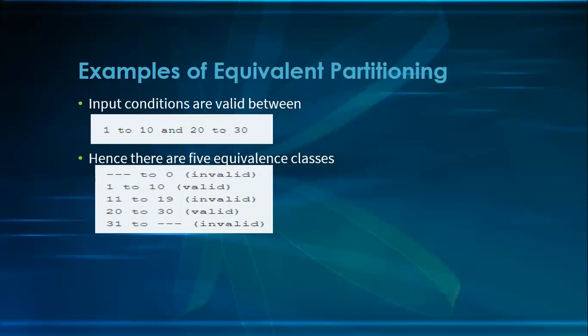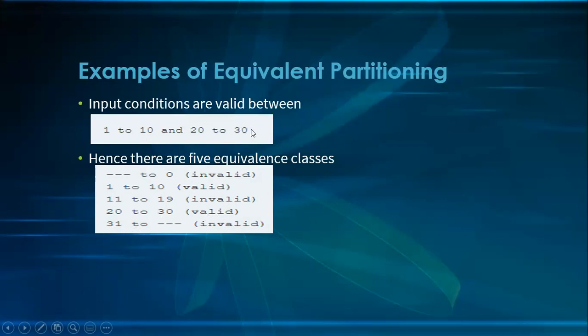The next condition, which is valid, is from 1 to 10. Anything outside this is not valid. 11 to 19 is out of it, so 11 to 19 is invalid. The next valid scenario is 20 to 30. 20 to 30 is valid.